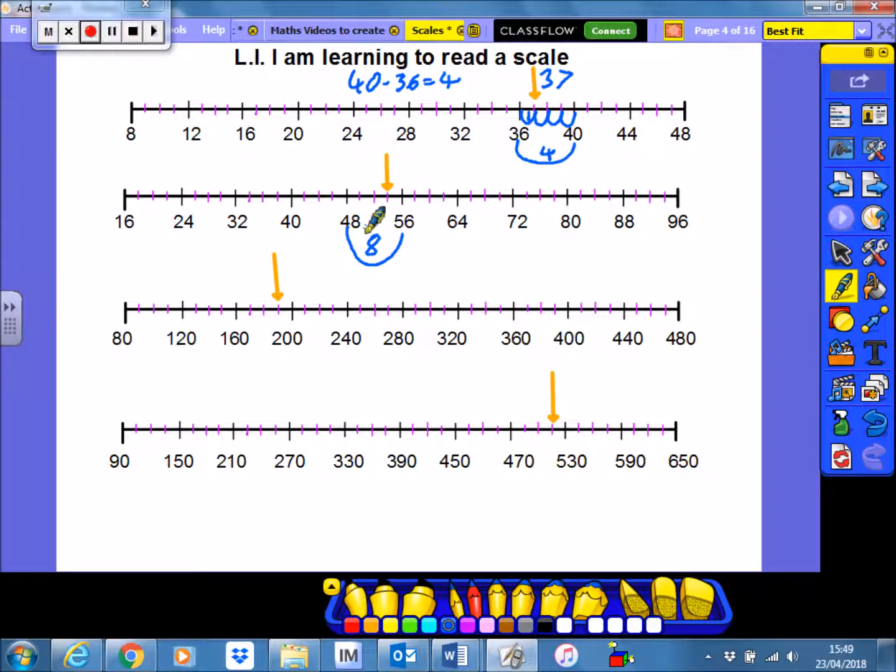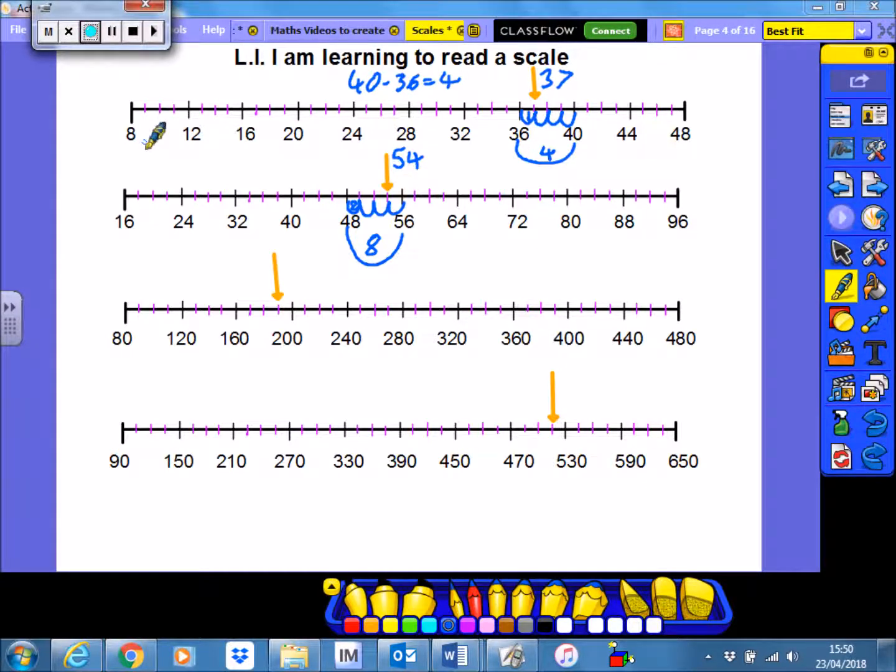So the major jump is 8, but we are taking 4 minor jumps between each major jump. So I'm going to be doing 8 divided by 4, meaning each one of these is a jump of 2. In which case we're going to be going 48, 50, 52, 54. So this number here is going to be 54.